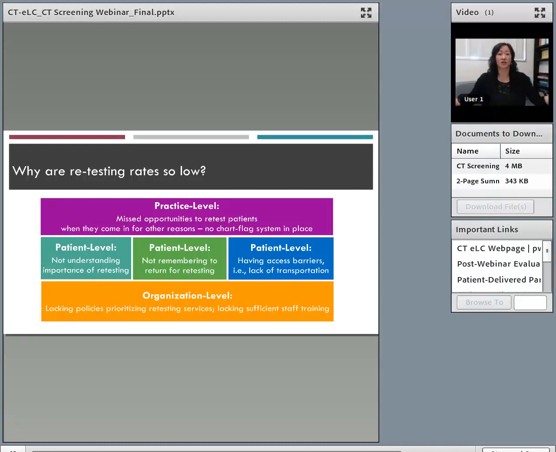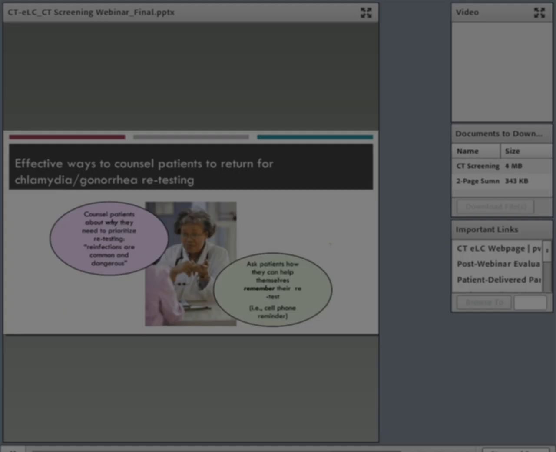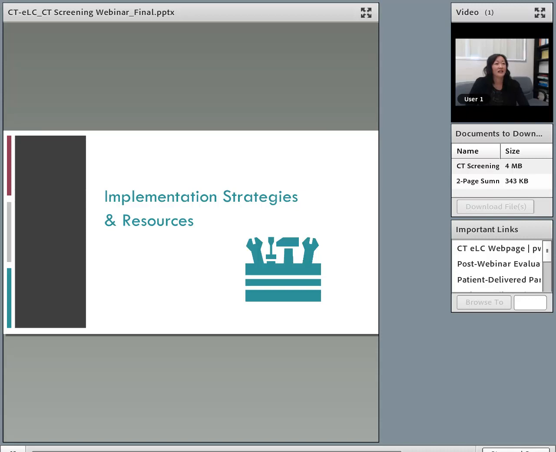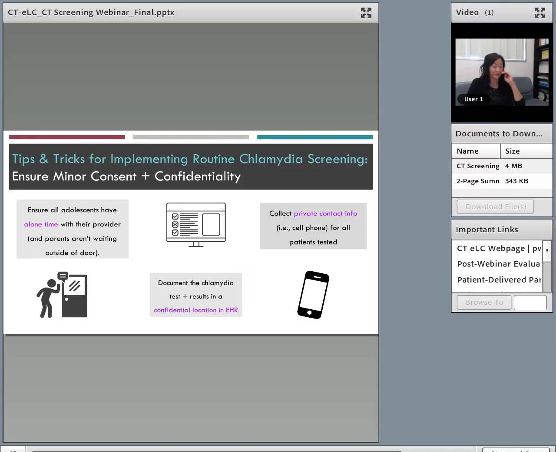And then there's organizational or agency level issues, in terms of no policy prioritizing this, and the staff aren't trained and didn't know that this is important. There are effective ways to counsel people, to let people know why they should come in, why they should prioritize it, and how they can do that, which is setting a cell phone reminder or setting some sort of reminder system in place so that they'll come back. So how do we get this done?